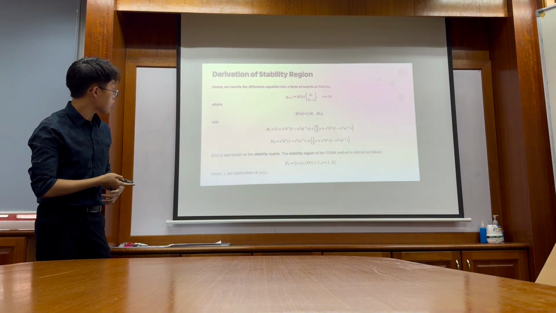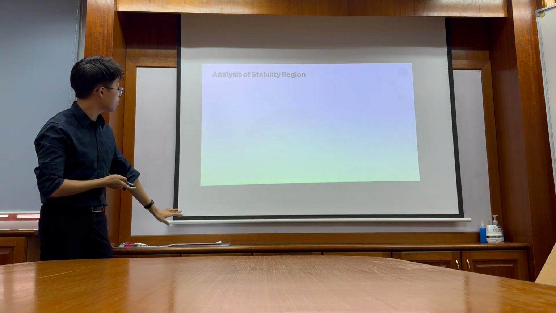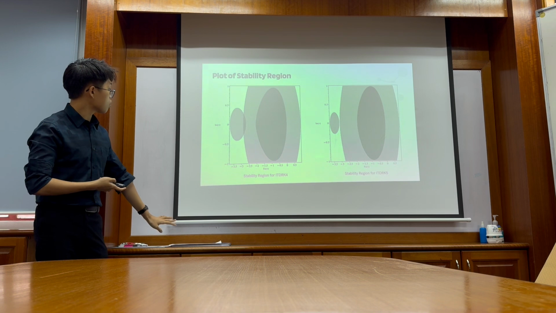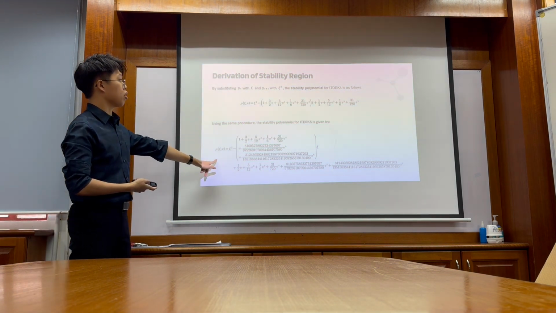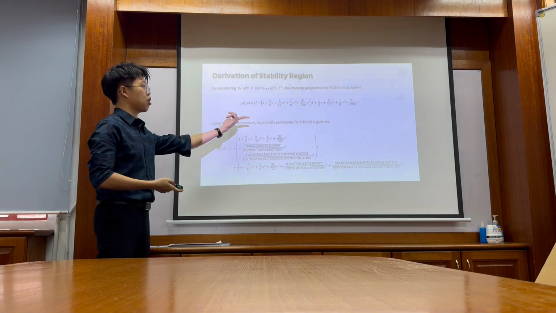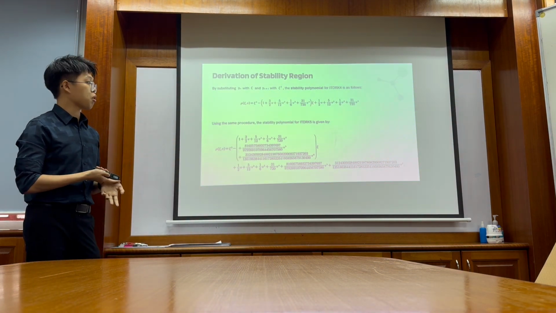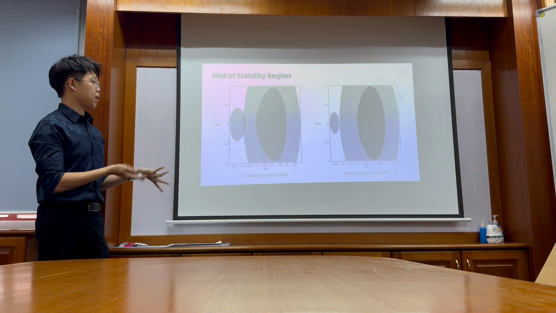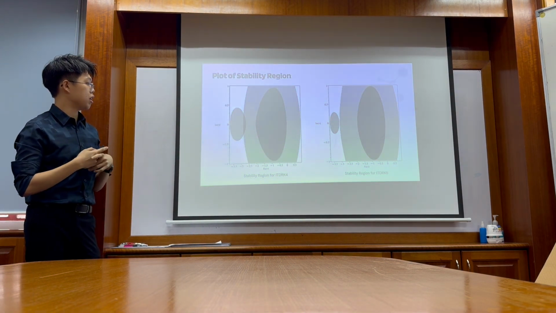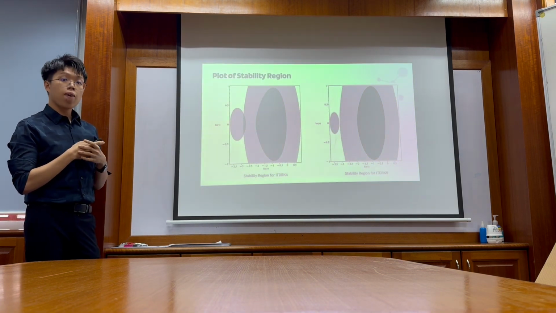This V in the graph is a complex number. This stability region is plotted based on the stability polynomial. When you find the roots of it, there might be imaginary roots and real roots as well. That's why when you plot it, it will be on the complex plane. Okay, go back to my question.